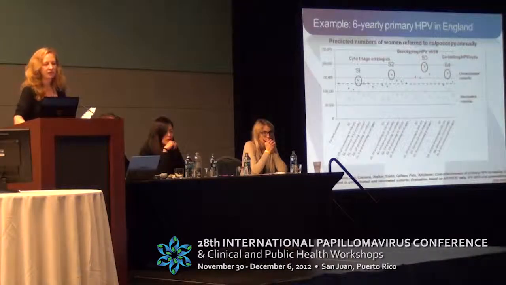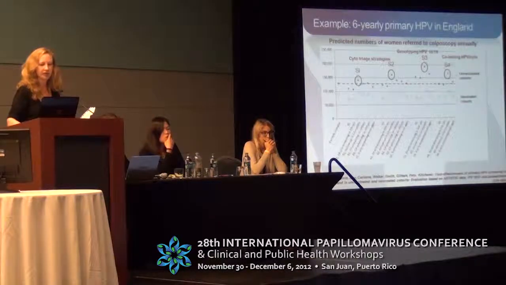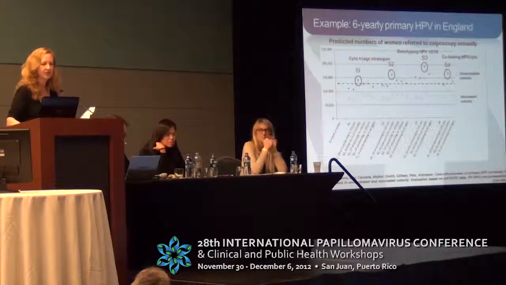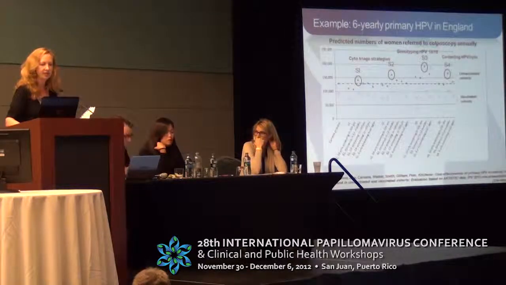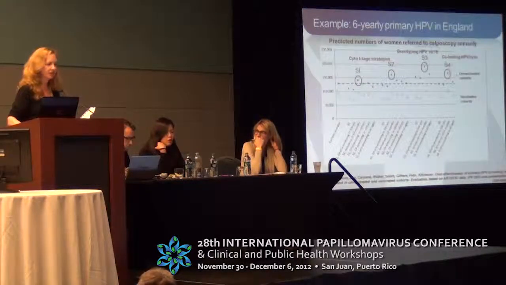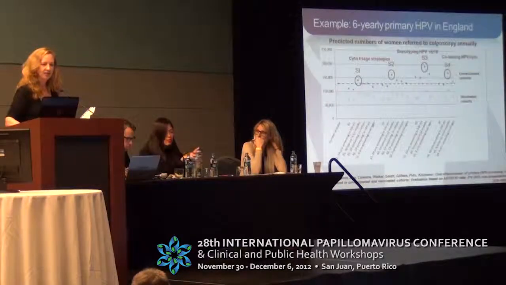And just to give you a flavour of this, this is another evaluation that we're presenting at this meeting, which looked at the cost effectiveness of 6-yearly primary HPV screening in England. And this slide actually shows the predicted numbers of women referred to colposcopy annually in England.